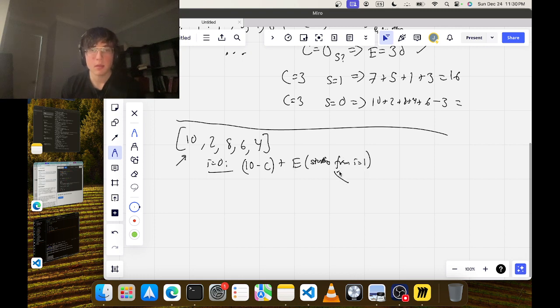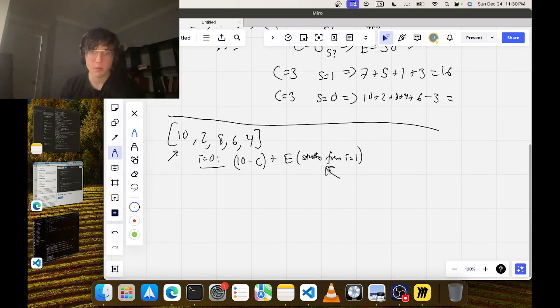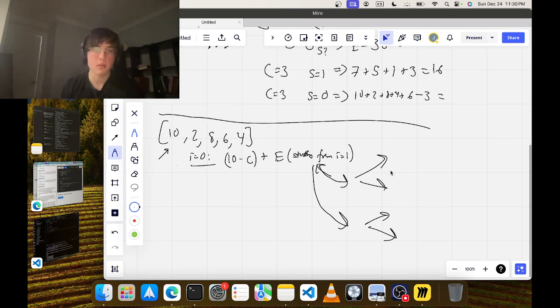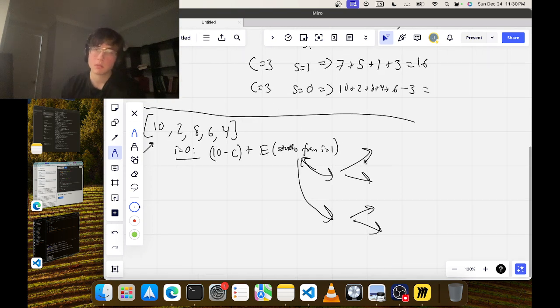And then we can calculate this by doing the same thing: this is going to split up into 2 more possibilities, either we take package 2 or we leave it in. And then this is going to split up into 2 more, and this into 2 more. The number of possibilities you have to end up looking at is 2 to the 5, which is 32.